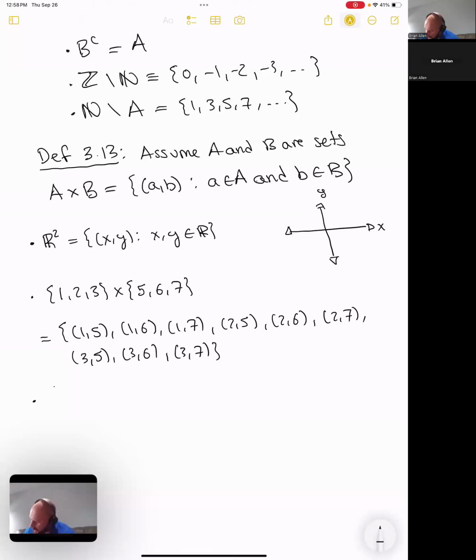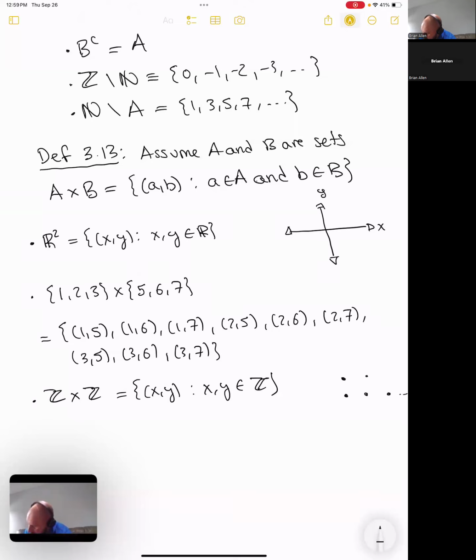And then here's another example that you've maybe never played with yet, but you can take the integers cross the integers, something you would do in an abstract algebra class, where x and y are both integers. Now this one we can visualize because it's like (0, 0), (1, 0), (2, 0), and it would continue there.